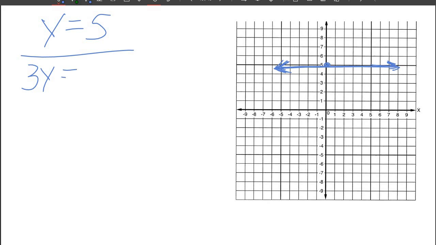This is also a horizontal line. The problem is it's not solved for y. What you have to do is solve for y. You end up with y equals 3. So we would locate 3 on the y-axis and draw a line through it.